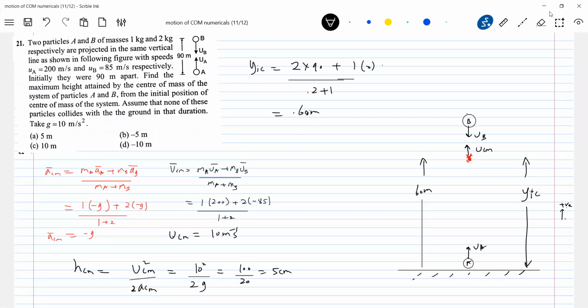Further, it will ascend 5 meter. So the center of mass will just move up by 5 meter and it will be here. So we should not bother about the particles. You should not think that after some time A will be here, B will be here. Leave all those things, directly take help of the center of mass. Just describe only the motion of the center of mass.